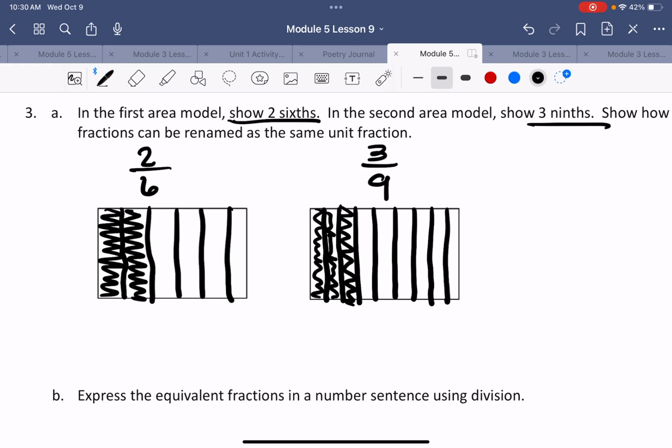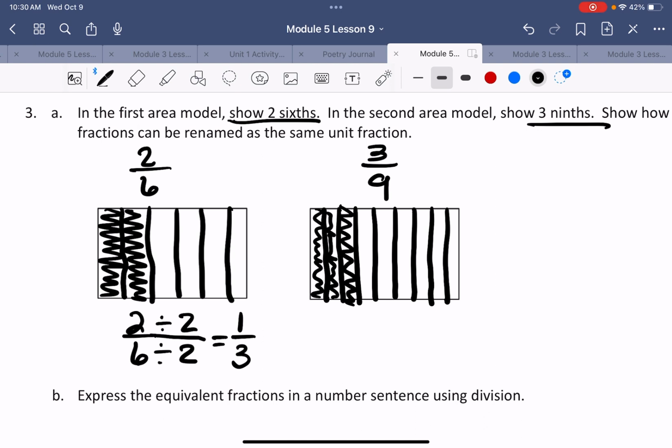Now, we're going to take 2/6 and we're going to divide it by 2, which equals 1/3.